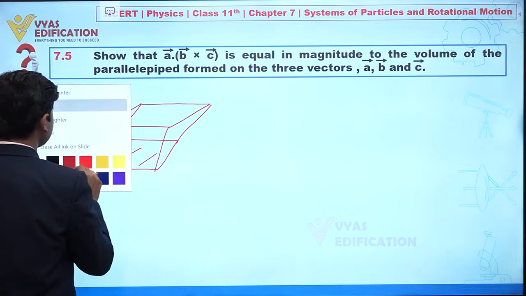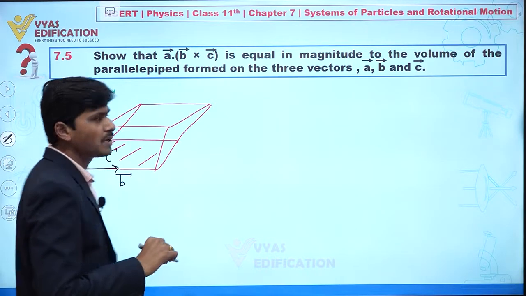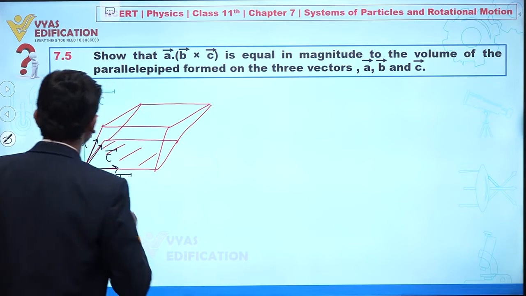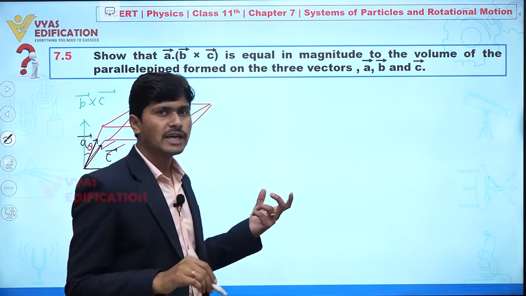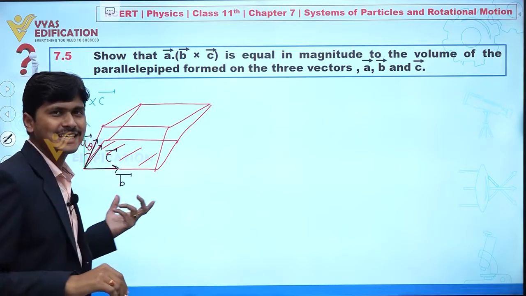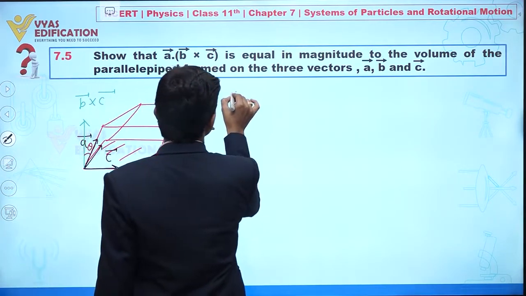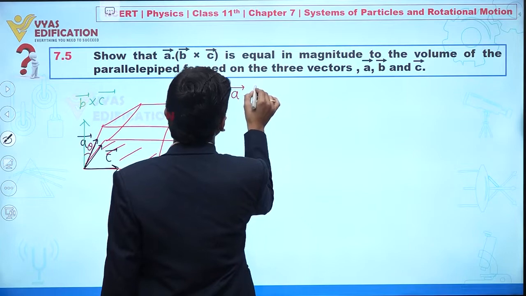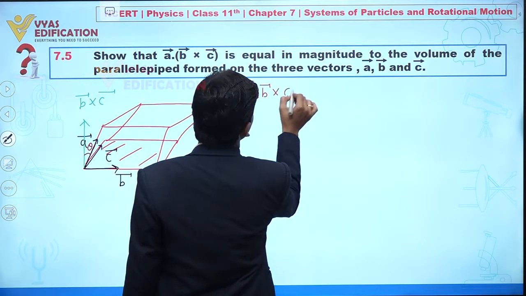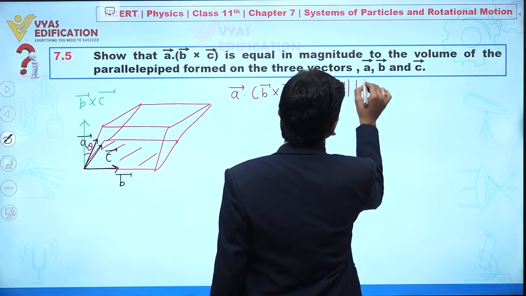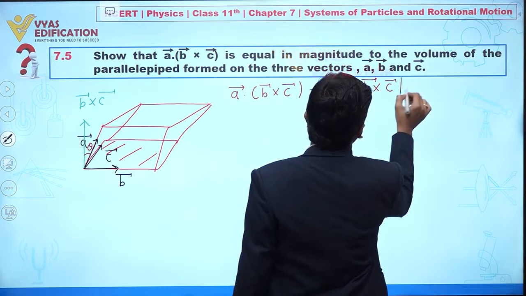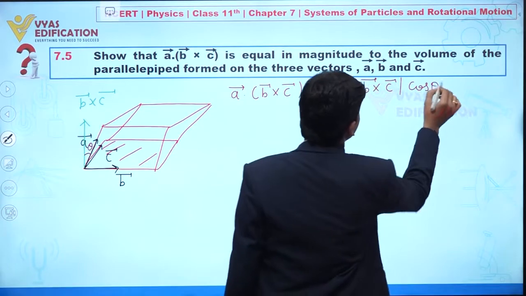Clear? So this is the direction of B cross C. Now let's suppose the angle between A vector and B cross C is theta. So can I write like this? A dot B cross C should be equal to magnitude of A, magnitude of B cross C, and this is cos of theta.